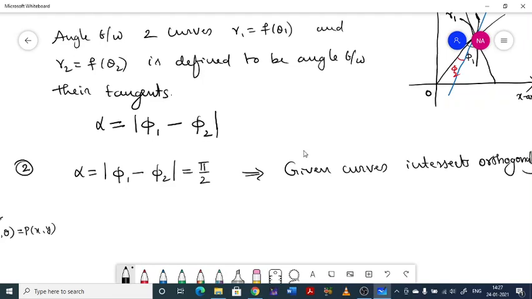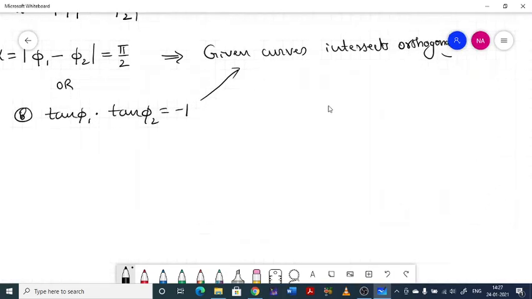Okay. And there are additional conditions. This is one of the conditions, or equivalently they can use tan phi 1 into tan phi 2 equal to minus 1. This also leads to the same conclusion. And there is one more condition, cot phi 1 into cot phi 2 equal to minus 1.